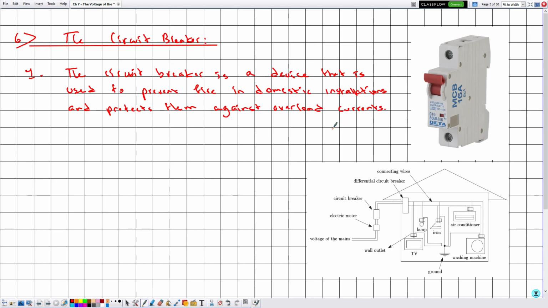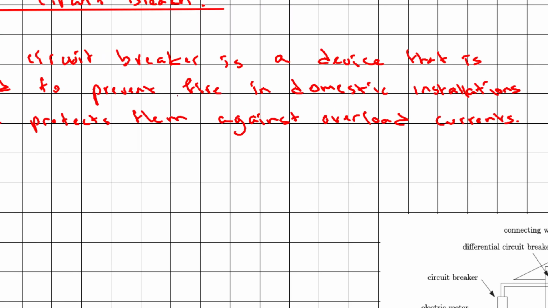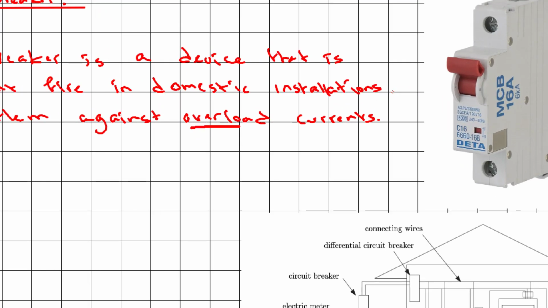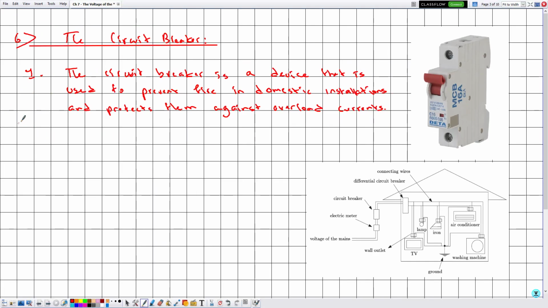Okay, so this is the role of the circuit breaker. First of all, it prevents fire and it opens the circuit in the case of overload currents.